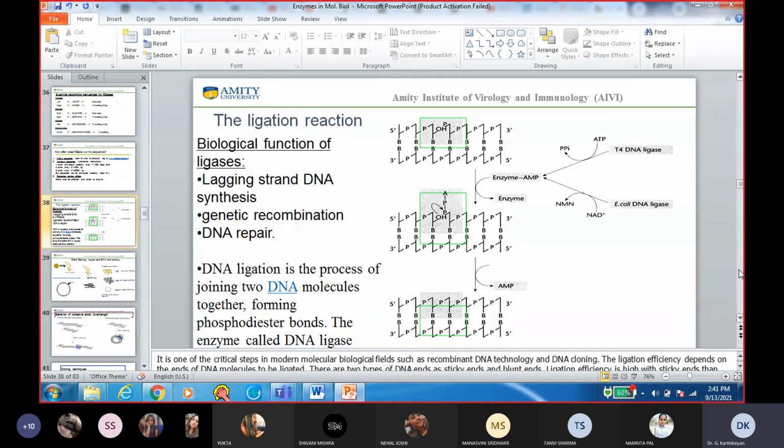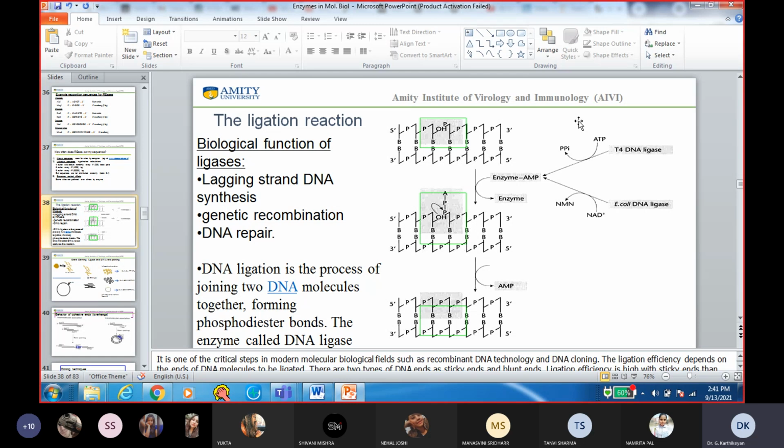The ligase that is typically used in the molecular biology lab comes from an organism called T4 bacteriophage. T4 bacteriophage has its own ligase. Commercially, this is the most commonly used ligase in almost all molecular biology labs.